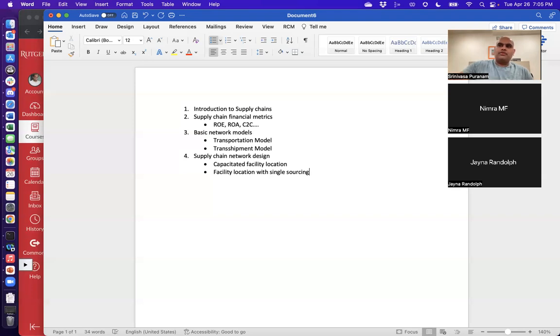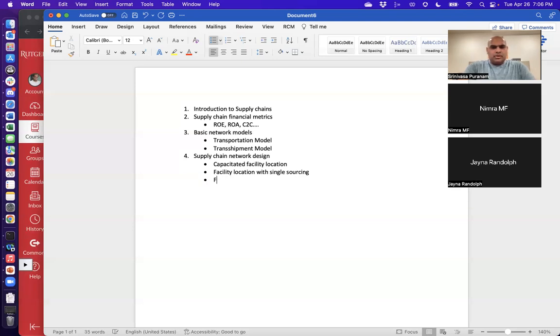So a single point of demand, all the demand at a single point had to be satisfied from a single source. But a single source could satisfy demand from multiple places. But if you had 2 states assigned to, say, one of the offices, then all the trips to both states had to be made out of the same office. So facility location with single sourcing, and then we did facility and warehouse location model.